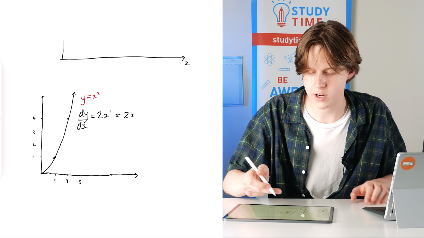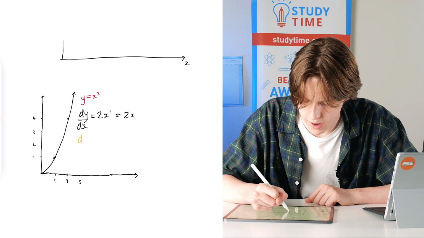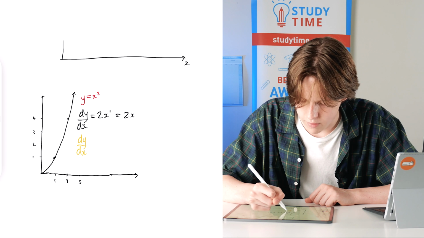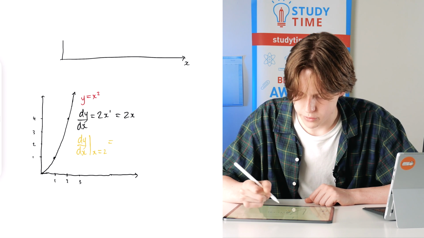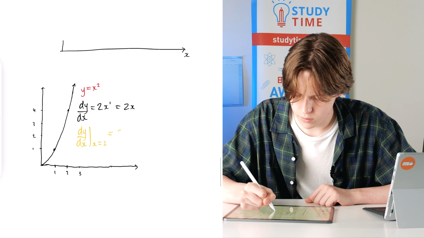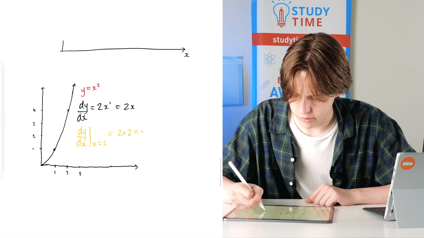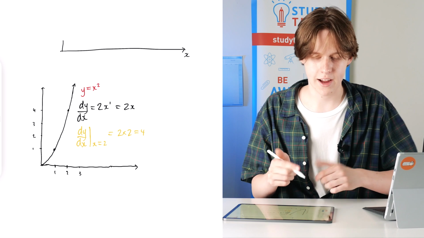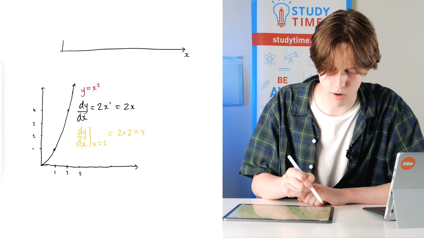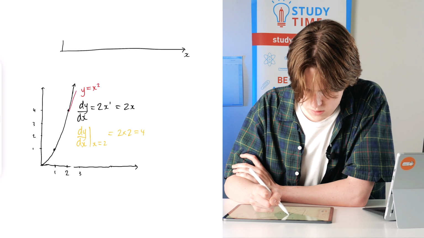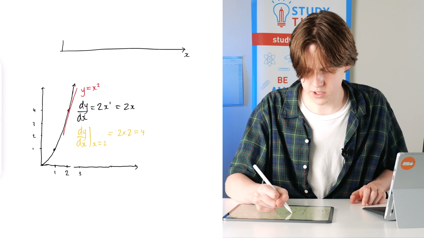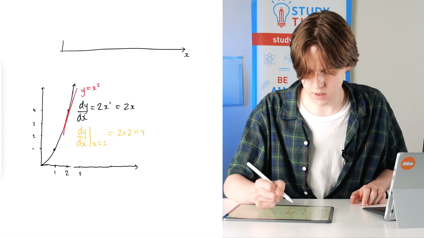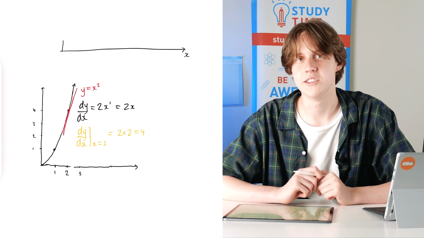So at 2, for example, dy by dx evaluated at x equals 2 just equals 2 times 2, which equals 4. So if I were to put a tangent line, or find the gradient of that point right here, where it just touches right there, I know that the gradient of that tangent is exactly 4.